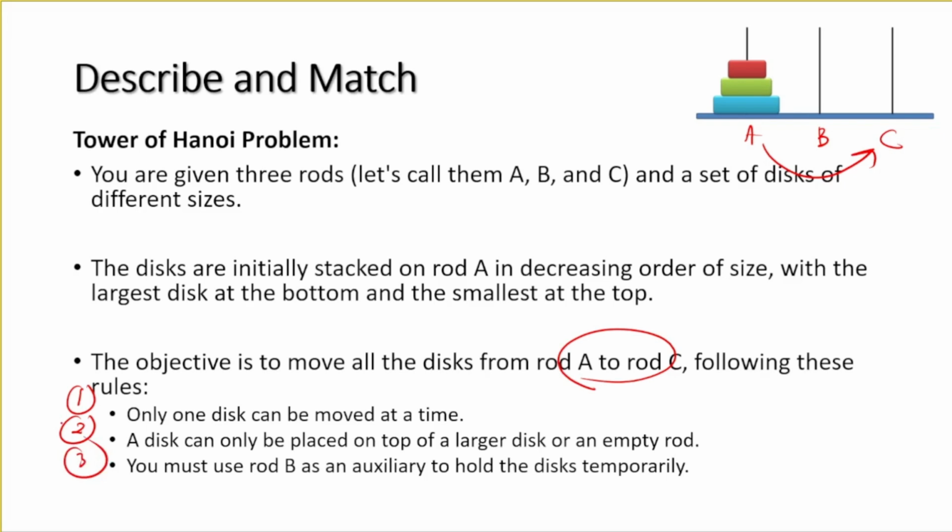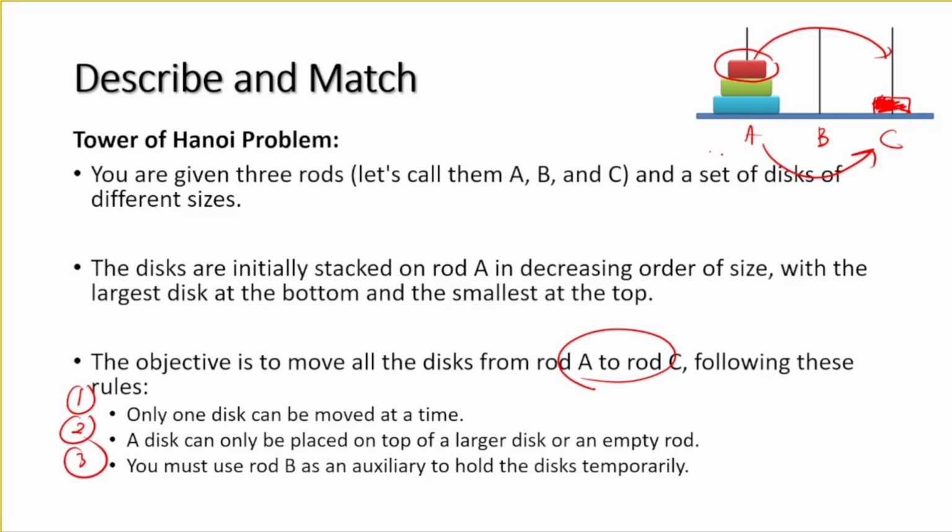The first one, you should obey: only one disc can move at a time. Meaning to say, for example, this could be moved to here in a single move. Let's say this is right. It cannot move two at once. Number 2, a disc can only be placed on top of a larger disc or an empty rod.